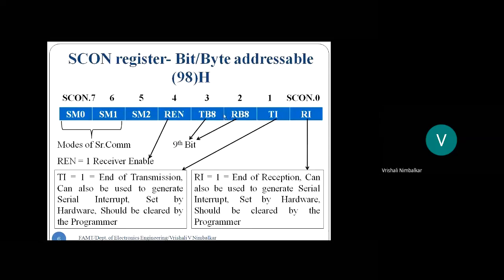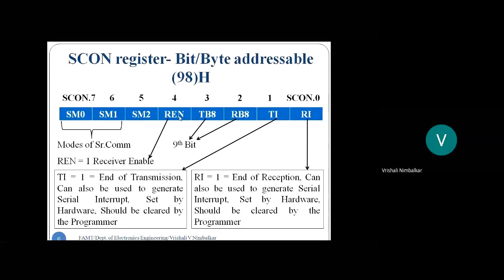SCON. Next, look at the 4th bit, REN, receiver enable. We will be setting this, logic 1 or logic 0, the programmer will be setting. It enables the reception. If REN is 1, reception is enabled. And what about transmission? When is transmission enabled? As soon as we store any data in the SBUF register, the transmission begins automatically.